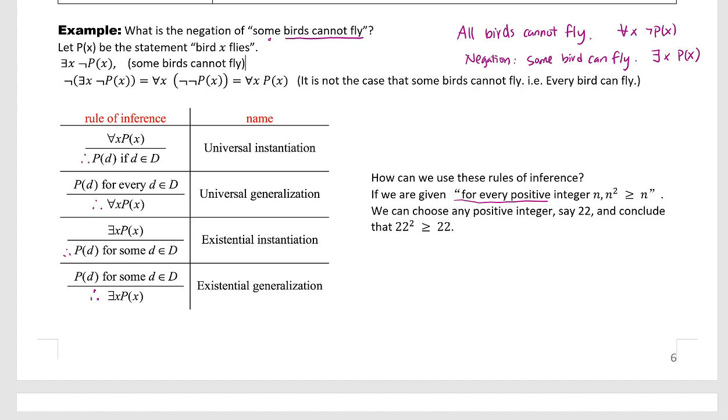We have a for all, and we can just choose a positive integer. So this is universal instantiation.